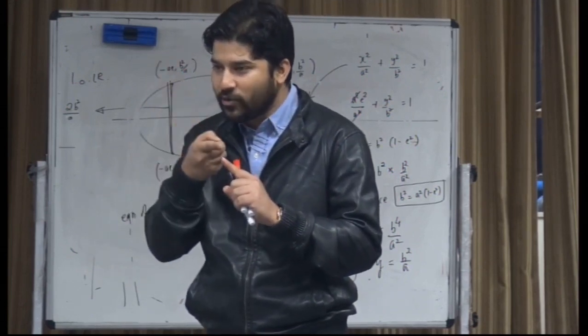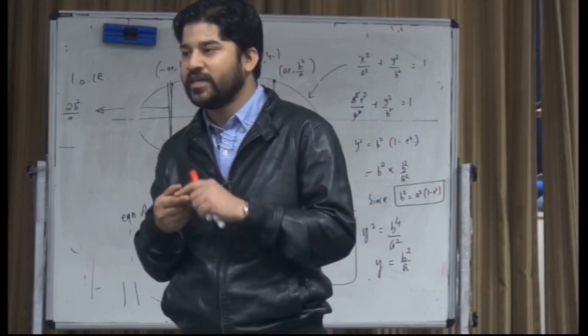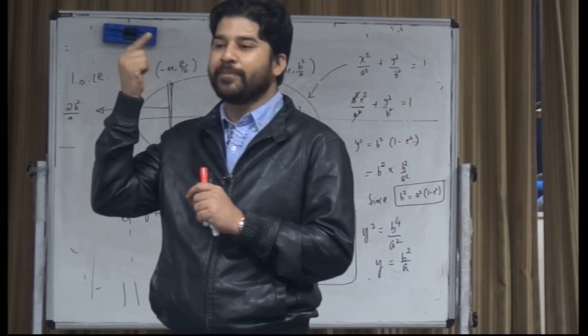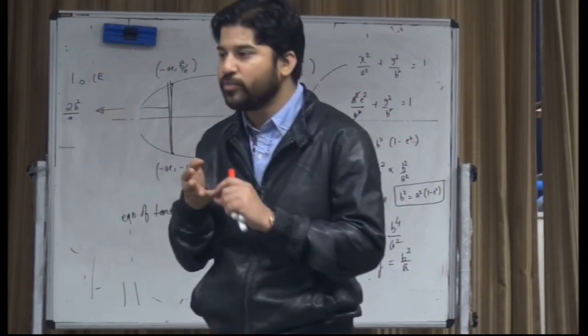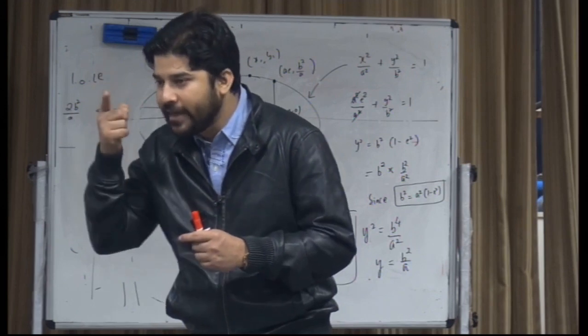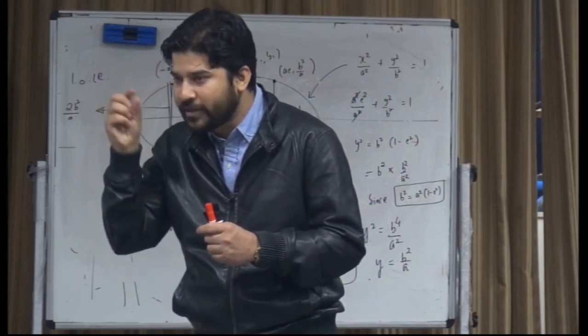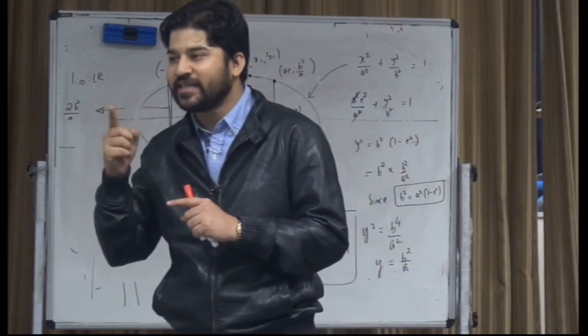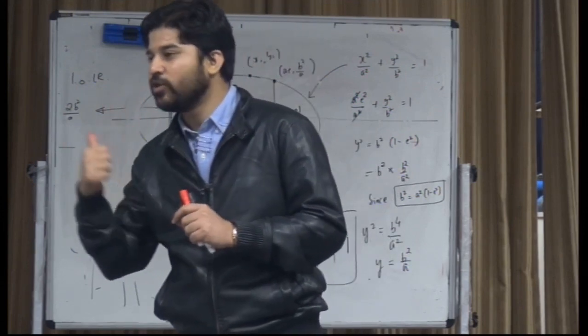A will cancel out a square. It will become x cos theta upon a plus y square again replaced by y1. That is going to be y into b sin theta upon b square. B and b square will be cancelling one of the power of b square. So you will be getting y sin theta upon b is equal to 1.